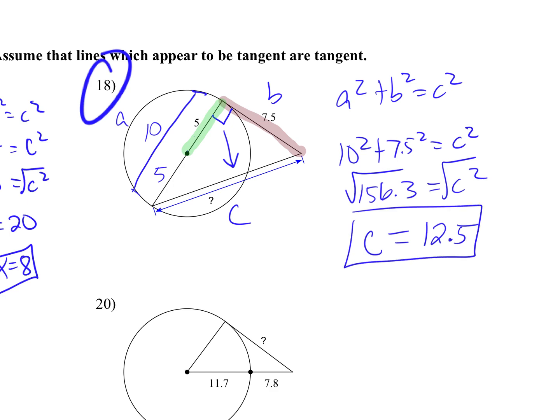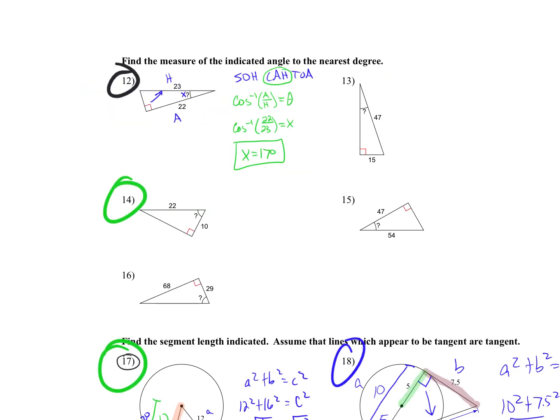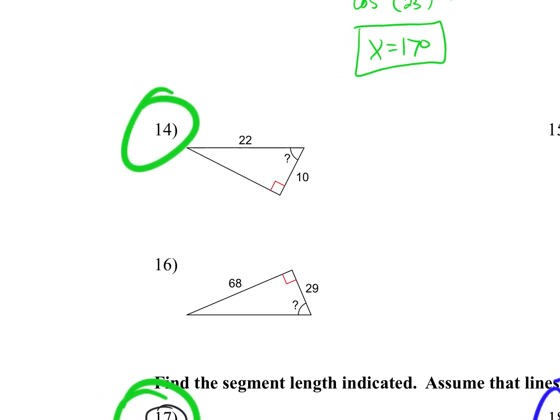And that's my C. It says find the measure of the indicated angle to the nearest degree. So 14. You're looking for an angle, and they give you two sides. So remember, if you're looking for an angle, that's inverse trig. So it's SOHCAHTOA. If you're looking for a side, and they give you an angle, you can use normal trig. But if you look for the angle, use inverse trig.